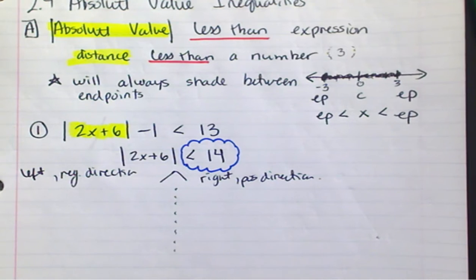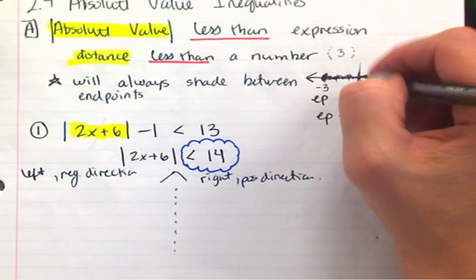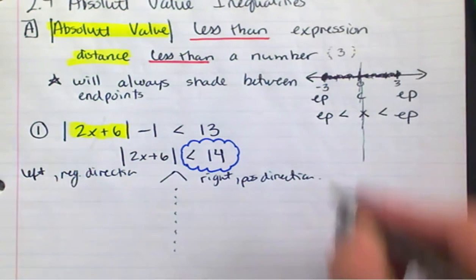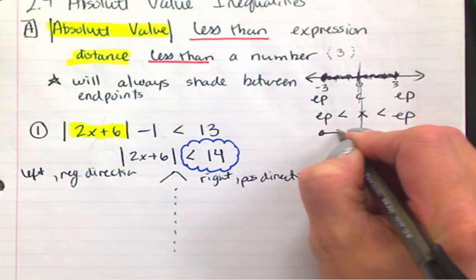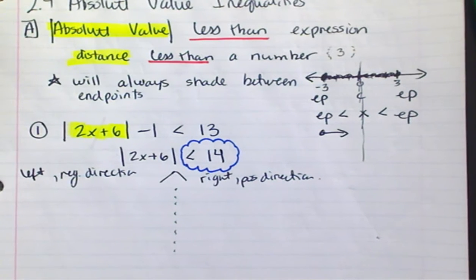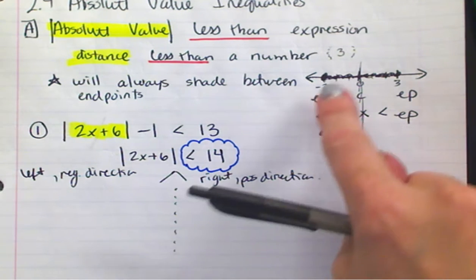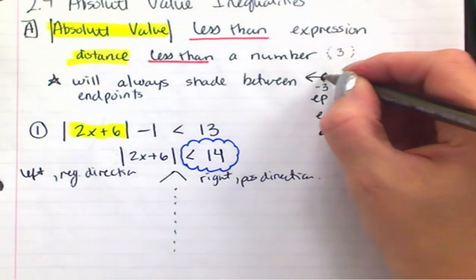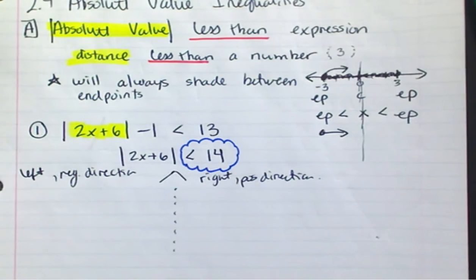If I look at the part that is to the left of the center, it's shaded like this. Anyone remember from Algebra 1 what inequality sign means shade to the right? Greater than. Greater than means shade to the right. Notice that you have to go to the right of this endpoint.